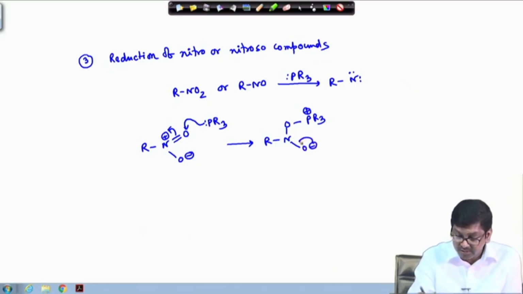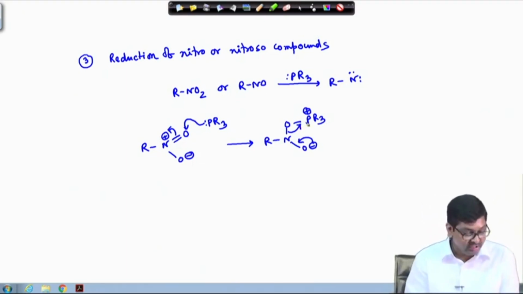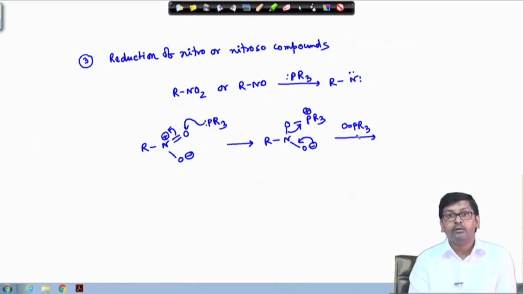Okay. So, now this can go back, and as phosphorus and oxygen have a very high affinity towards each other, this bond will cleave and we will get this phosphine oxide. Okay.